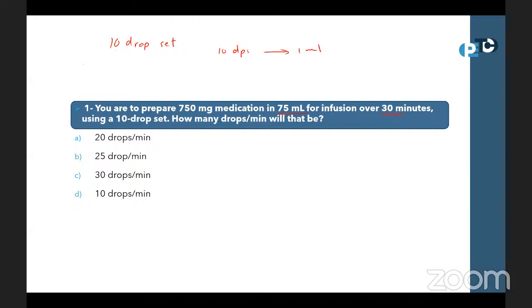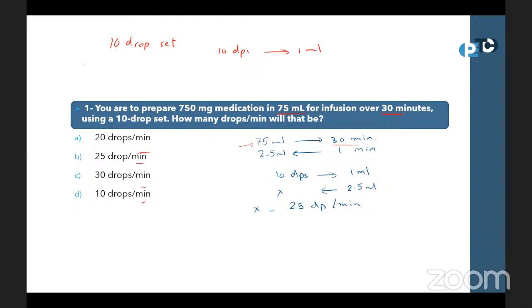Here we have the rate of infusion by milliliter per minute. Every 75 milliliters is injected through 30 minutes. We need to know how many milliliters per 1 minute, because the answer should be per minute. So every 2.5 milliliters is infused within 1 minute.